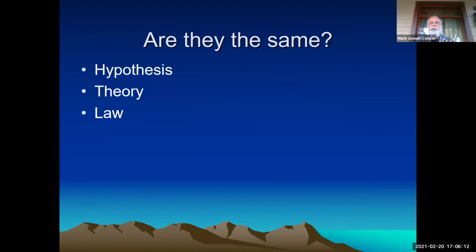Okay, a couple more real quick things before we end these lectures. One is hypothesis, theory, and law. Are they the same? And the answer is absolutely not. A hypothesis is an educated guess. We mentioned that early. Those are questions you have with what you know. A theory is not. A theory is a tested hypothesis.